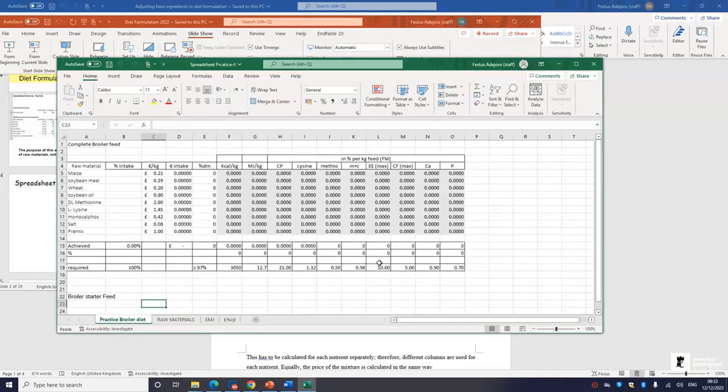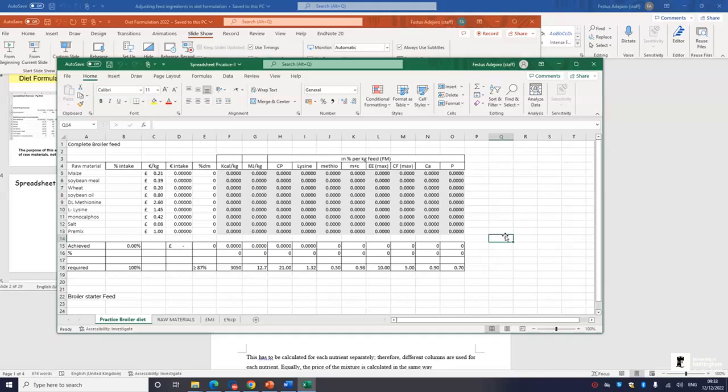Earlier on, when I was talking about the nutrient requirement of animals, in the first exercise, the nutrient requirement was stated. Where do we get the nutrient requirement of animals from? Can somebody maybe help us? Say you want to raise broilers, and you got maybe 1,000 day-old chicks from a hatchery.